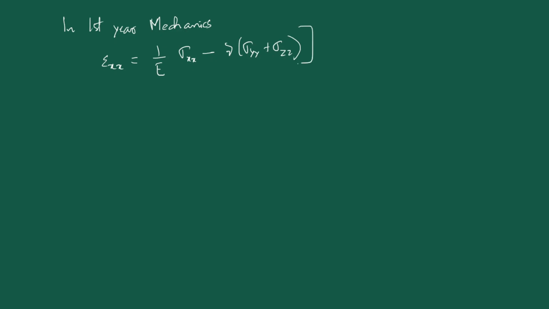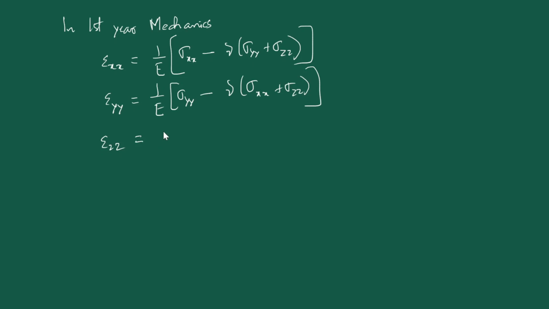You also note further that there is a nice connection with the generalized Hooke's law. So in first year mechanics, you had come across things like epsilon xx is equal to 1 by E (sigma xx minus nu (sigma yy plus sigma zz)). Then epsilon yy is equal to 1 by E (sigma yy minus nu (sigma xx plus sigma zz)).